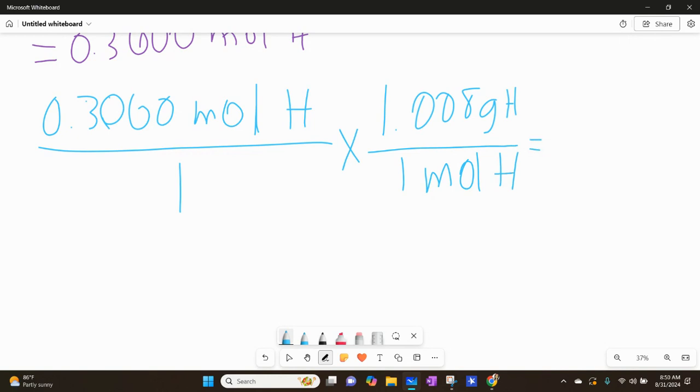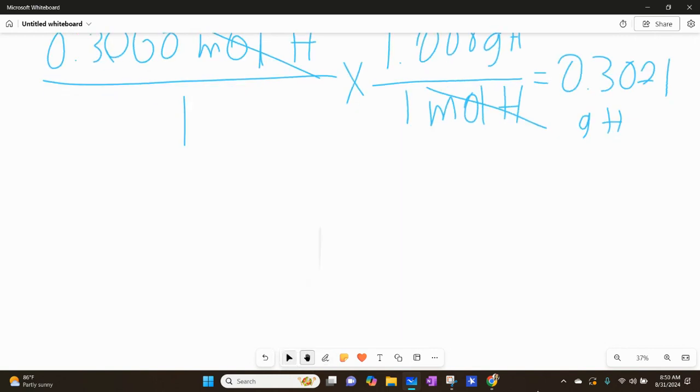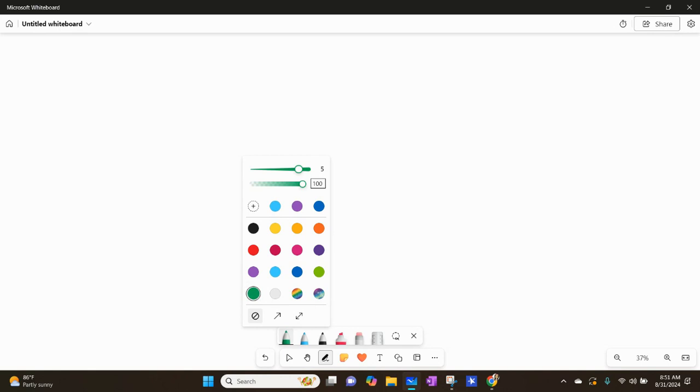And we get 0.3021 grams of hydrogen. Here we just got rid of our moles of hydrogen.